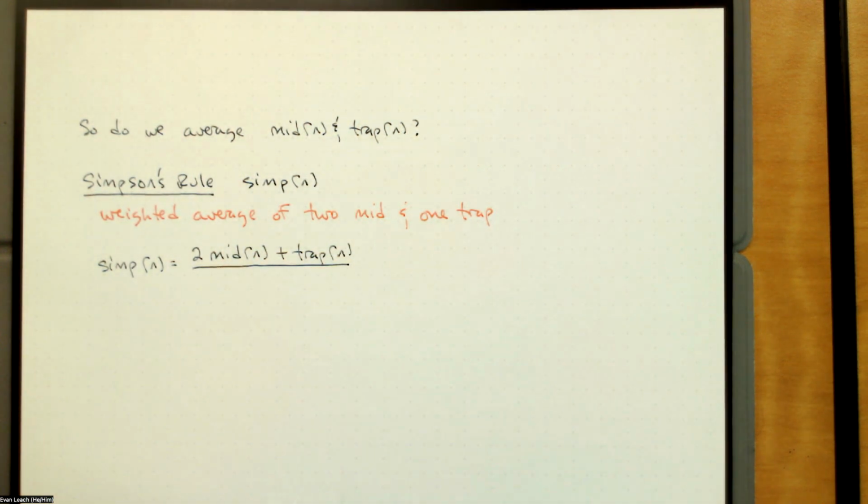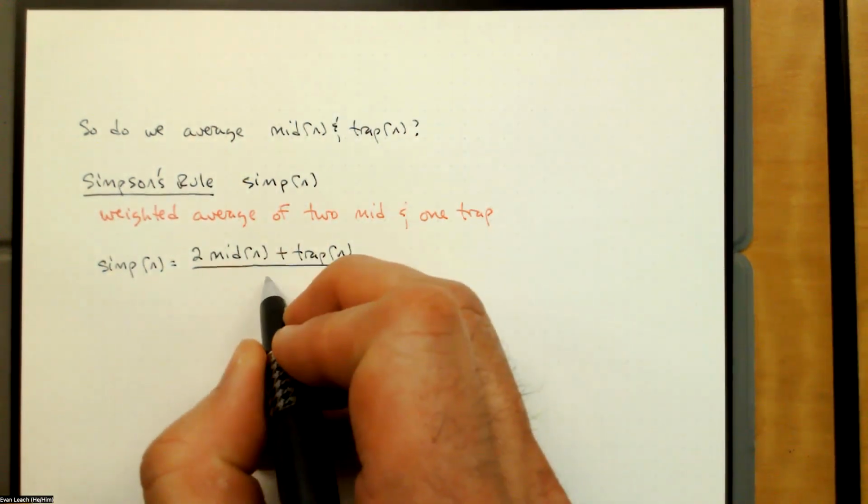So we're going to do 2 midpoint rules and 1 trapezoidal rule. They both have to have the same number of rectangles. And since there are 3 things involved, we're going to divide by 3.